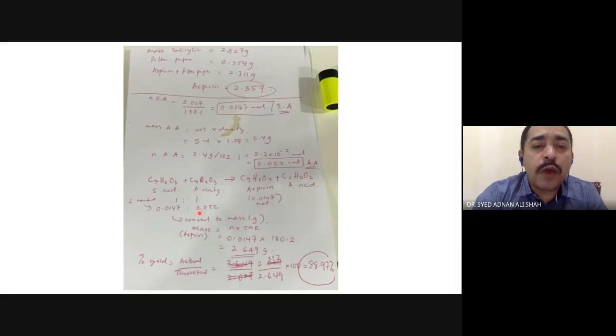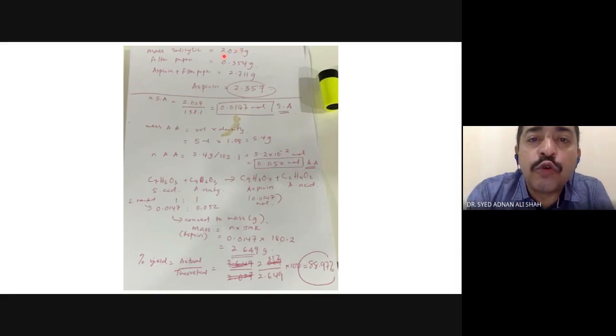So 0.0147 moles of salicylic acid form the same moles of aspirin. Moles are equal. So here you can easily find out how many moles of aspirin will form when you take 2.027 gram of salicylic acid.